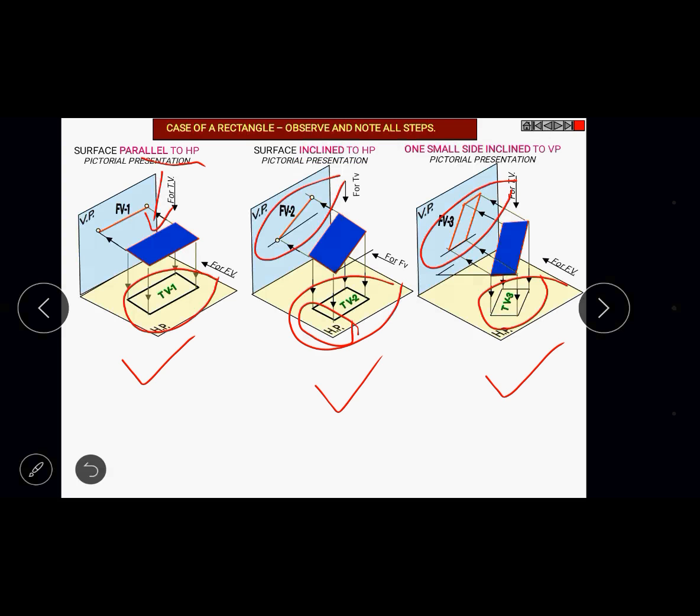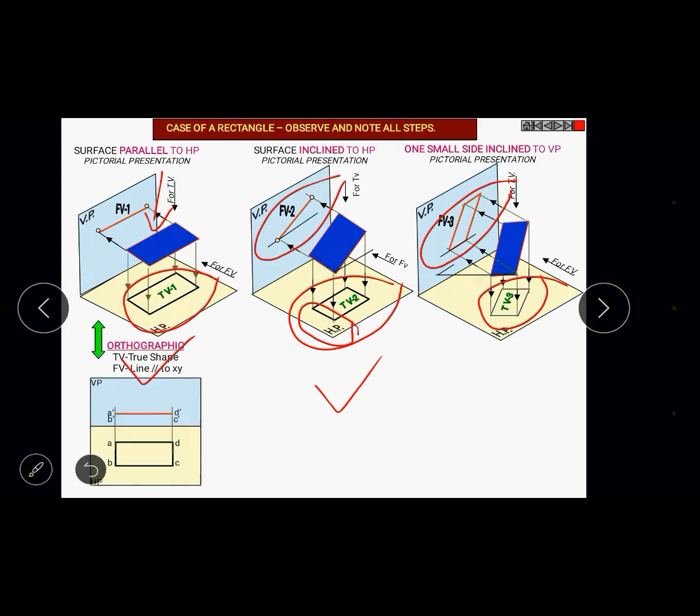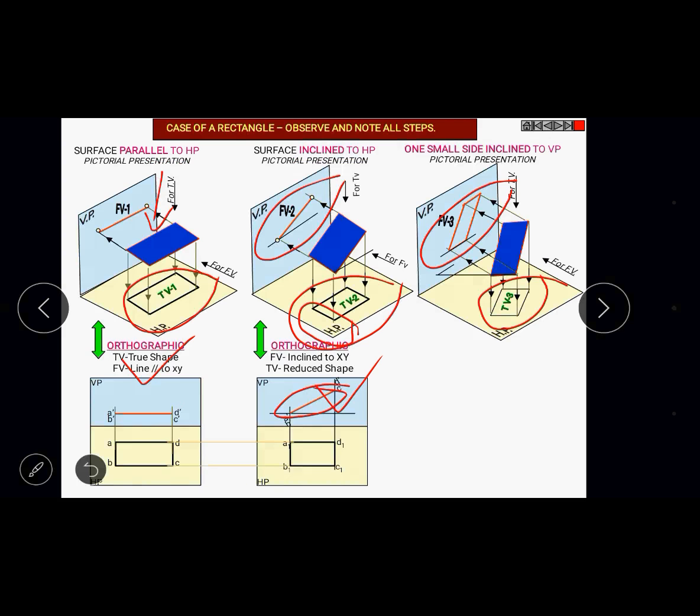Let us see how these are represented. You can see the first figure in orthographic projection: the front view is a horizontal line and the top view is a regular shape rectangle, with the shorter edge resting. In the second figure, the front view is an inclined line and the top view is an irregular shape rectangle.